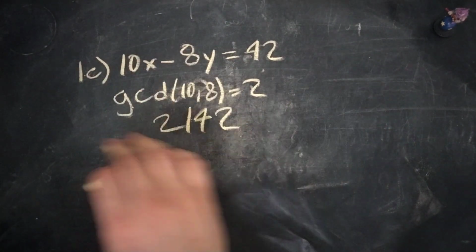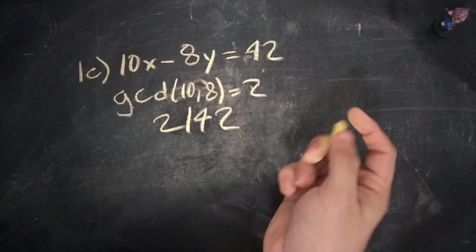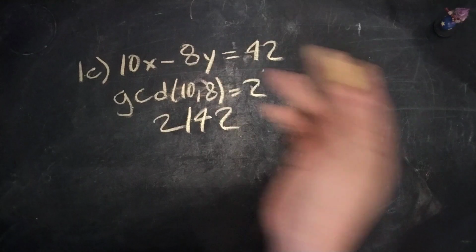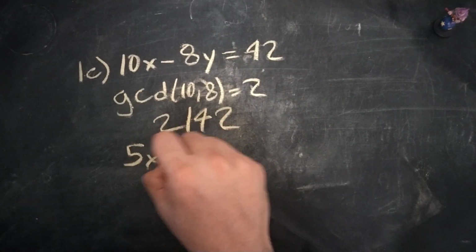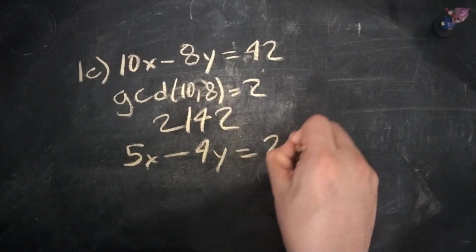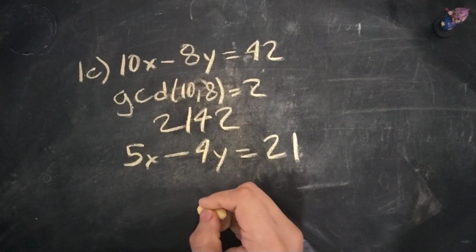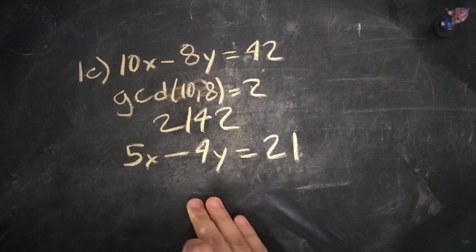Since this is all divisible by 2, you can divide by 2 now, or save that for the general solution. I'm just going to do it now because it saves me some work. So we have 5x minus 4y is equal to 21. Again, this is another fairly simple one.